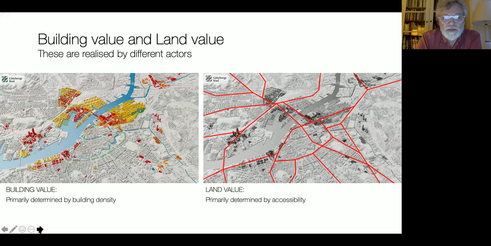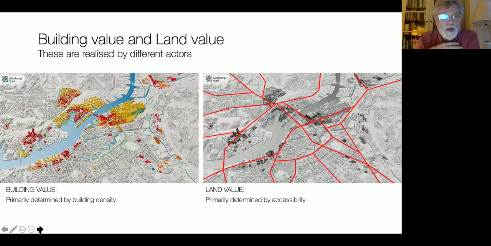And that is, of course, very much a concern about the building value. But actually, the land value is determined by something else, by accessibility. And at least in a Swedish context, we talk about this much less in urban planning and design, and also in public debate, also when it concerns how to create qualities in the city and so forth.